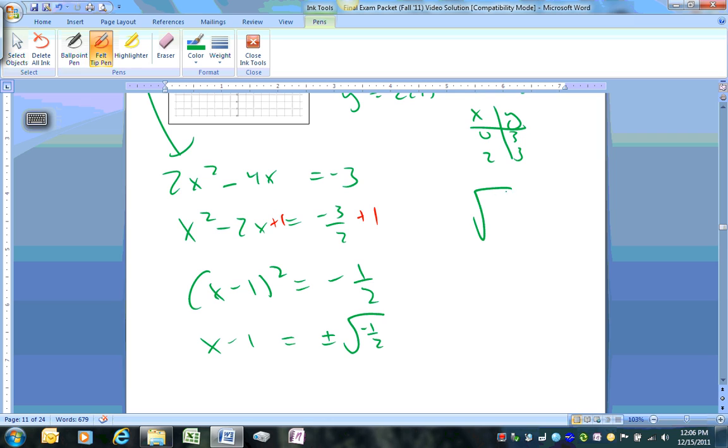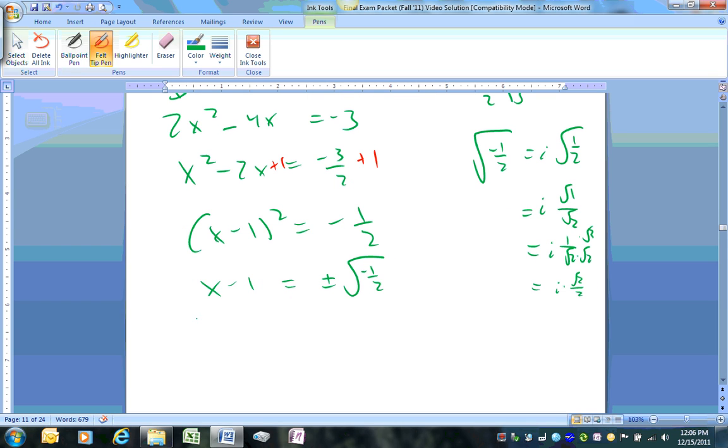Now if you think about the square root of negative one half, you can pull out an i, because you're square rooting negative 1. And you can square root both top and bottom separately, which becomes that, right? Rationalize. So it becomes i times root 2 over 2. So x will equal 1 plus or minus root 2 over 2 i. And you always want to put i at the end, so you have it in standard form.